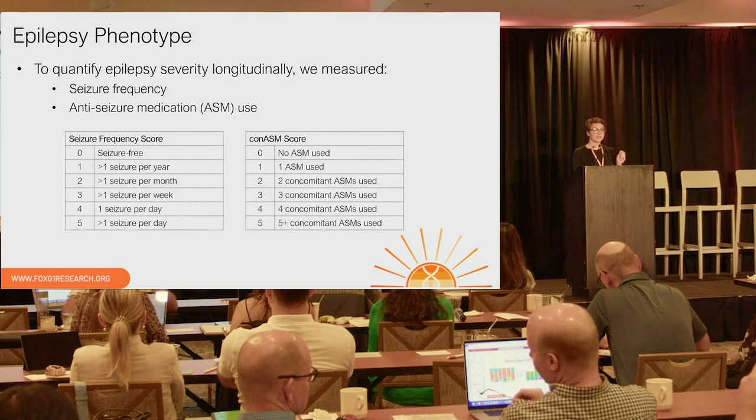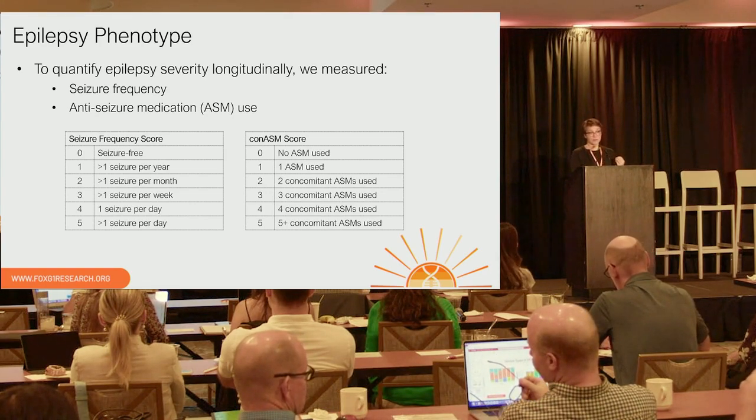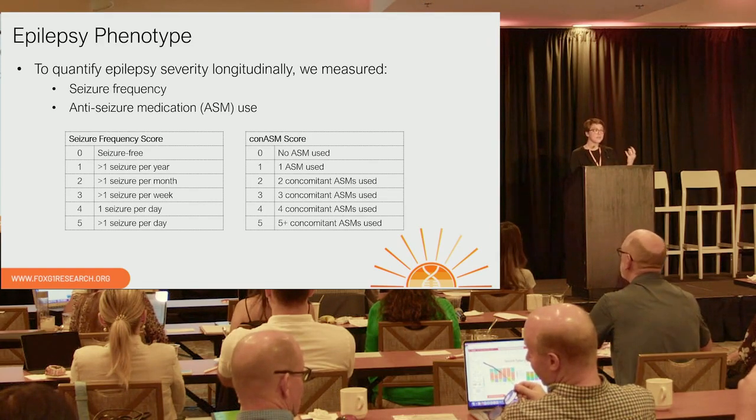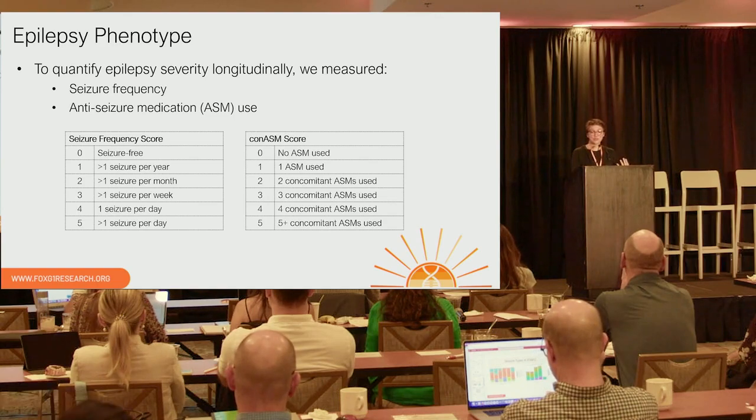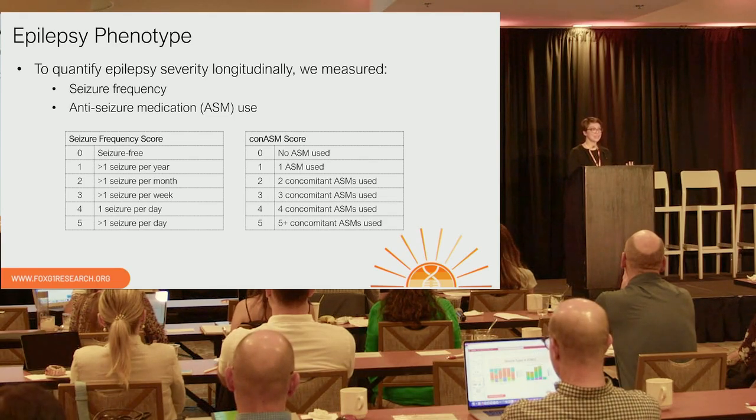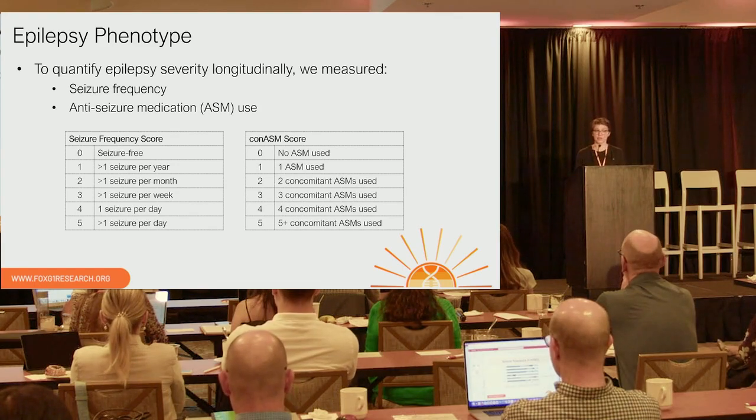So we know that seizure medications are not the most fun medications to take. And so even if you have relatively well-controlled epilepsy, if you're on like 3 or 4 seizure medications, that's still impacting your quality of life. And so we wanted to make sure that we were capturing that as well.